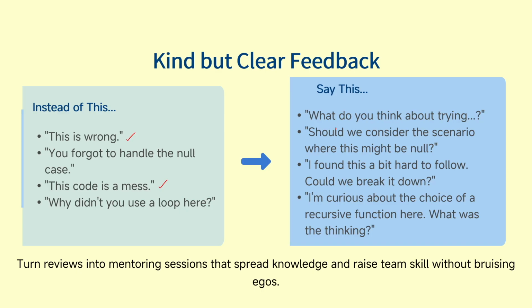Okay, so should we consider the scenario where this might be null. Okay, so it is not harsh, but it is giving feedback which is constructive. Okay, so instead of a normal function, why can't a recursive function be there? Okay, so likewise the feedback should be kind and it should be clear, so that these mentoring sessions are fruitful rather than a one-on-one session.